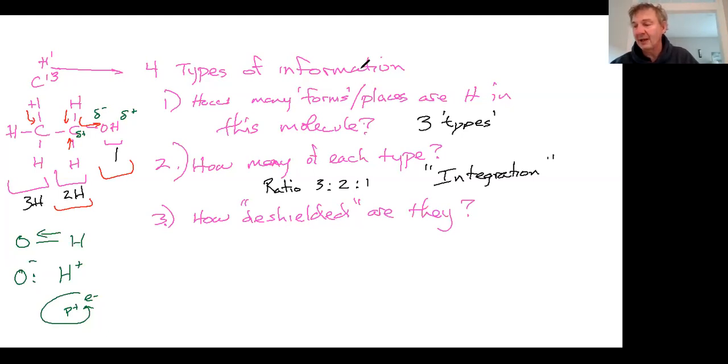So last thing we learned, well, let's just talk about these first three. We know that there are three types of hydrogens. They're in a ratio of 3 to 2 to 1. So we have this x-axis, and it's more or less on a 14-point scale. It doesn't really matter why the scale is what it is.